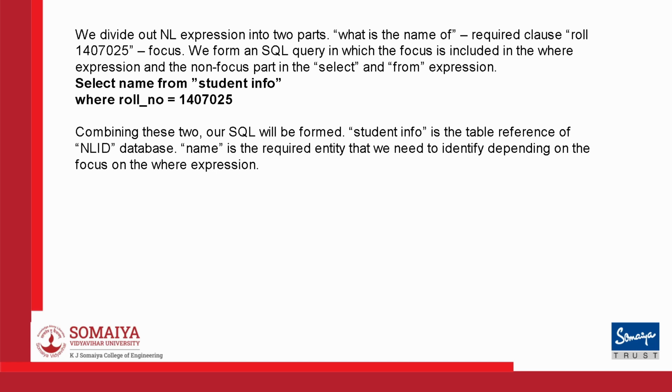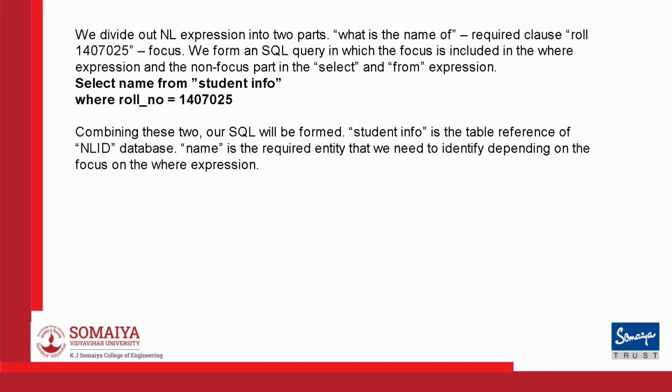After the pattern matching, we look for the focus entity and required entity. We divide our NL expression into 2 parts. What is the name of is the required part, and roll number 1407025 is the focus. We form an SQL query in which the focus is included in the where expression and the non-focus part is in the select and from expression.